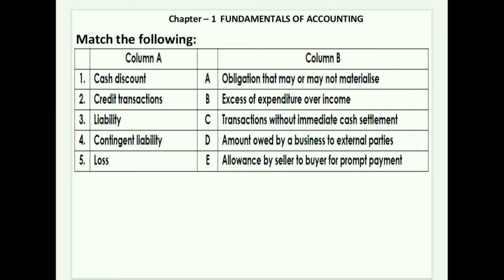So guys, I'll wait for 10 seconds for your answers. Note it down and write it, for example 1C, 1D, so that you get an idea of how your revision is going. Thereafter we will see the solution. So the time starts now.